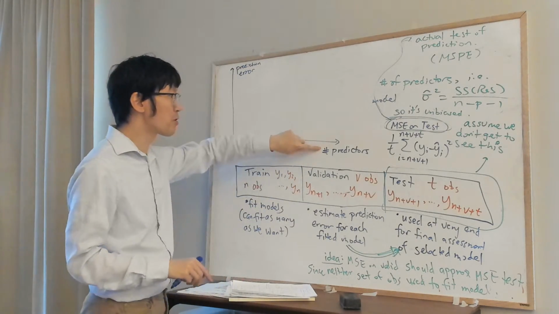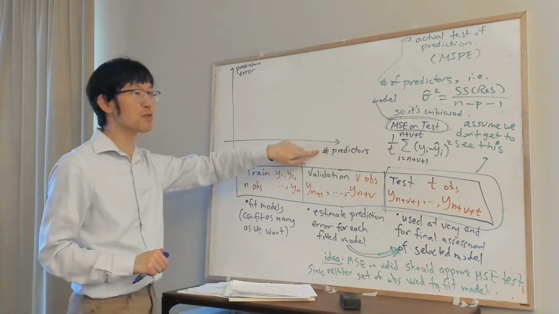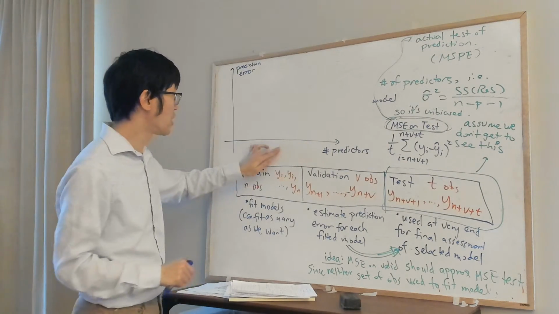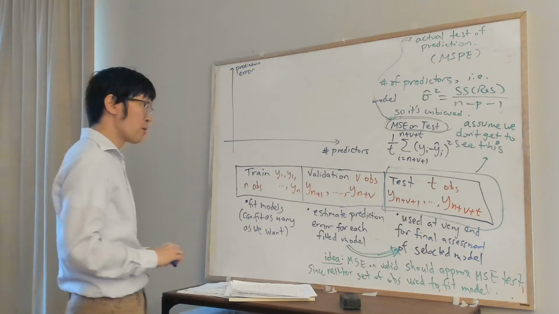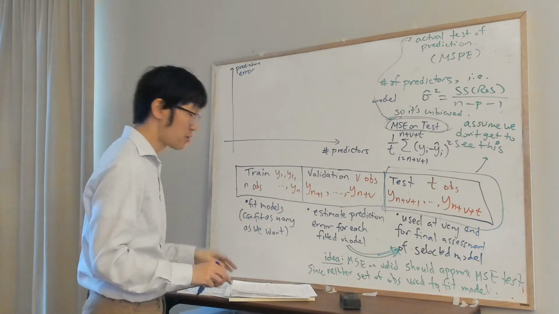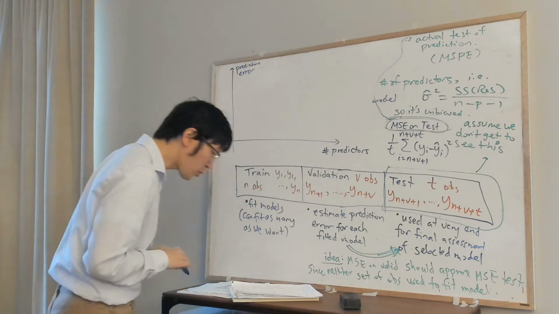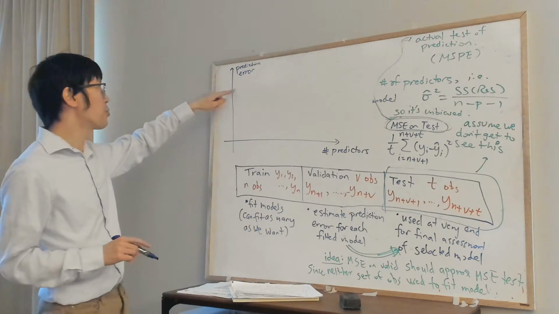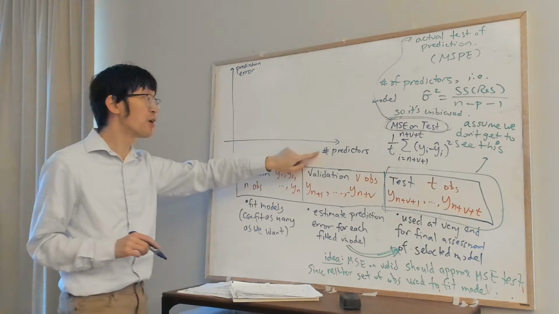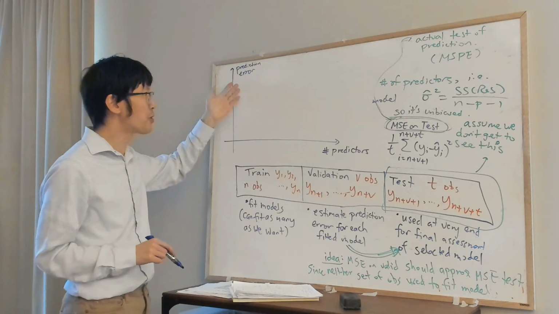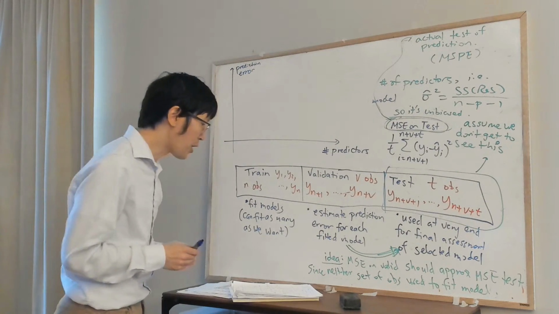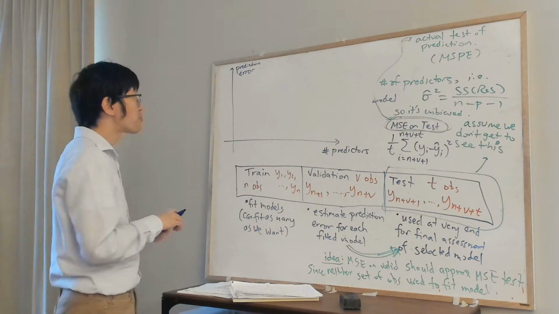In particular, if you have a lot of predictors, dozens or hundreds of them, then this phenomenon can show up quite strongly. The idea is, if not all the relevant predictors are in the model, then of course you would have a high error.